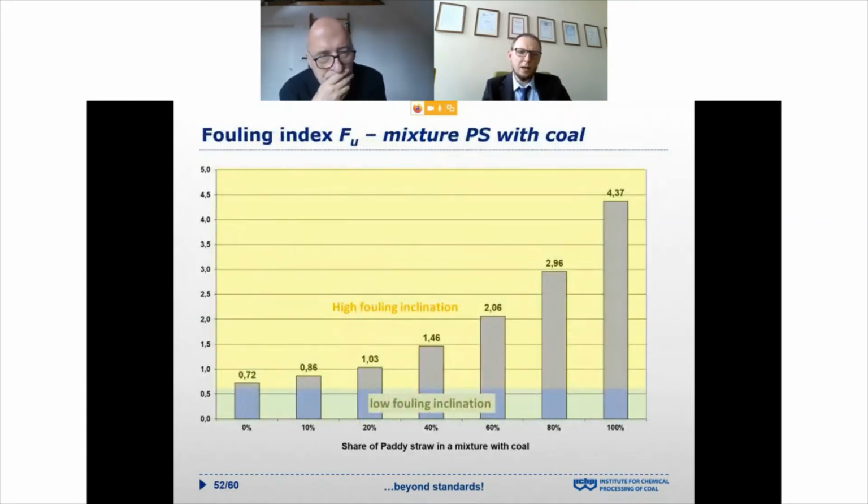So now it is clear that if we add more paddy straw, we obtain a higher fouling inclination. According to our knowledge and experience, it is true. But it's not the end of the story.